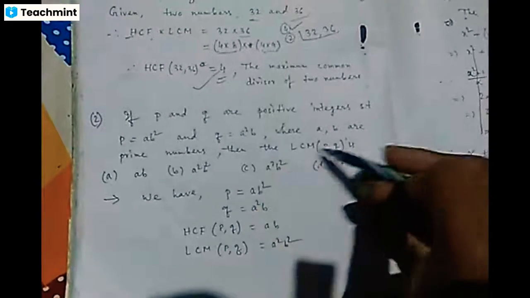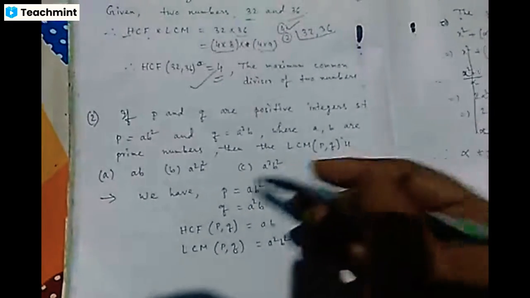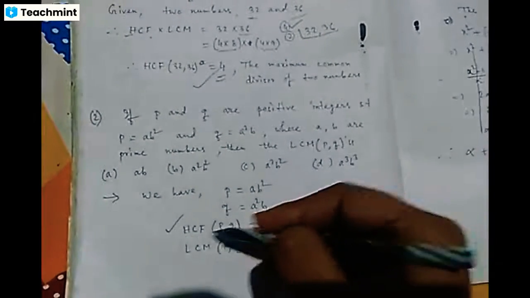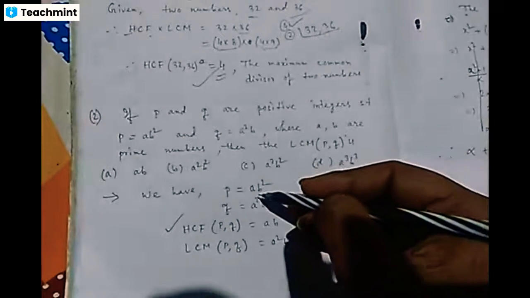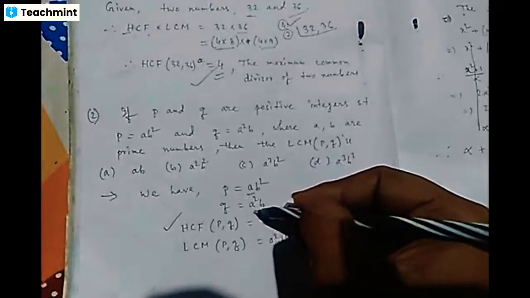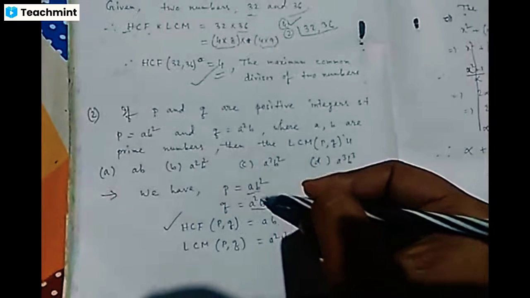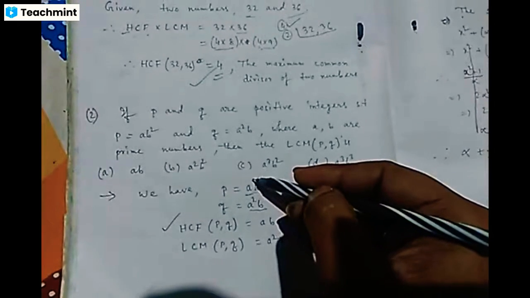First we have to find the least common multiple. I have first found the highest common factor. For the highest common factor of P and Q, we have to find what is common in both the numbers. A is common and B is also common. So we'll take the least power.